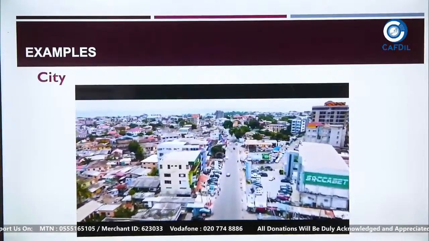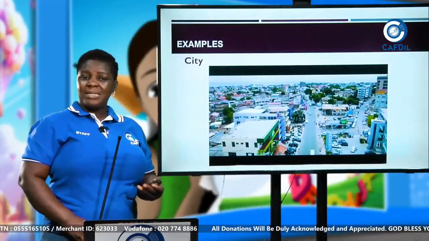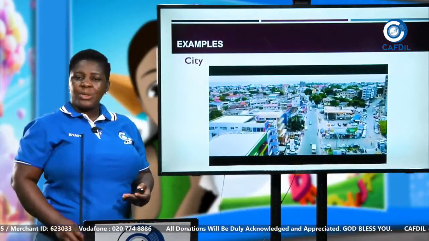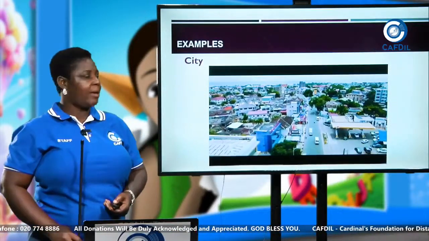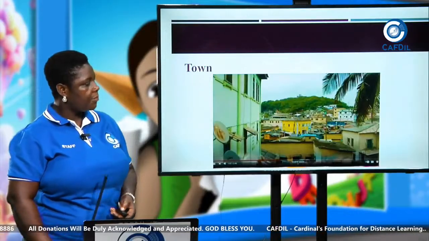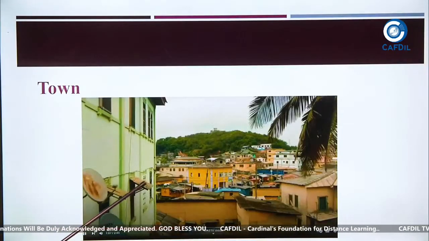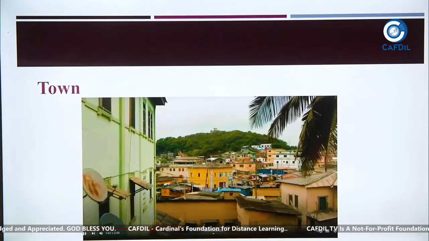Then again, I said we are looking at cities and towns. So let's look at how a town also looks like. Now this shows a town. A town is a small place. It is not a big place like the cities.